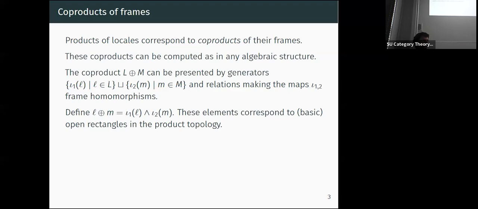If we think of this as the product of topological spaces, this is X and that's Y. Something from X that is open, say U, gives this region here, I1 of U. Then we could have some V here, and we get I2 of V. You intersect them and you get this basic rectangle.